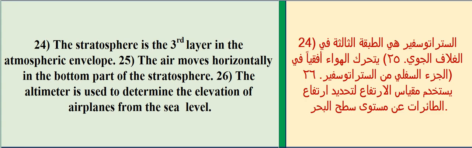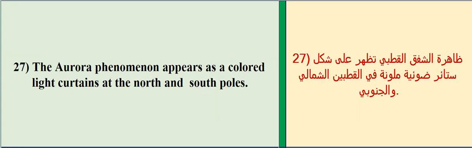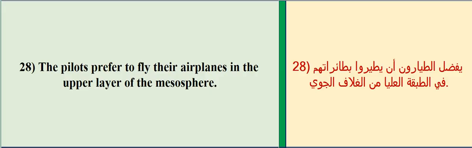The altimeter is used to determine the elevation of airplanes from the sea level. 27. The aurora phenomenon appears as colored light curtains at the north and south poles. 28. The pilots prefer to fly their airplanes in the upper layer of the mesosphere.